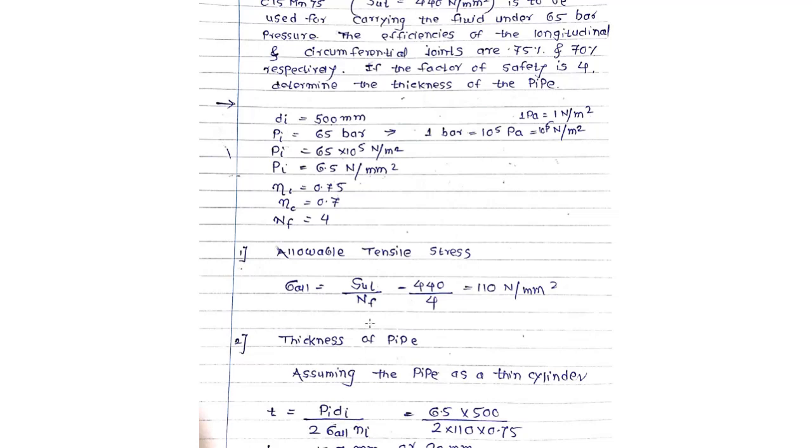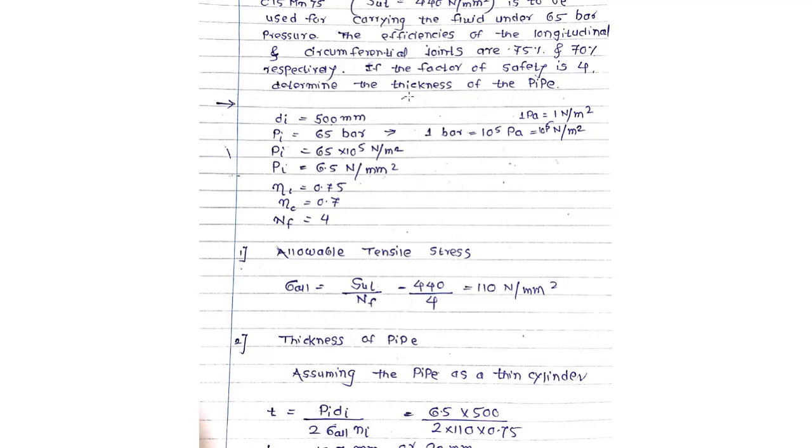Allowable tensile stress is the ultimate tensile strength divided by the factor of safety. Maybe you have seen this formula in the earlier semesters in DME1 and DME2. The ultimate tensile strength is 440 and the factor of safety is 4, so the allowable tensile stress is equal to 110 newton per mm square.